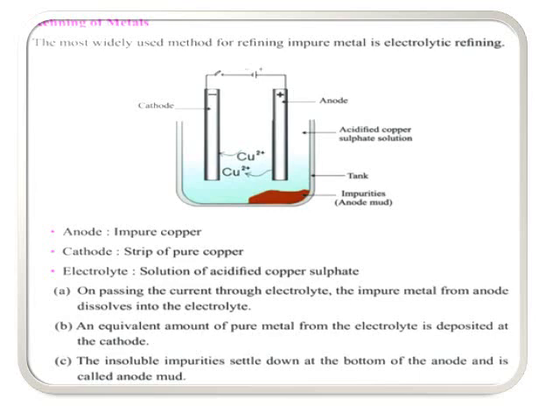What is the process involved in this? In this process, a thick block of impure metal is used as the anode and a thin strip of pure metal is used as the cathode. A solution of the metal salt to be refined is used as an electrolyte.